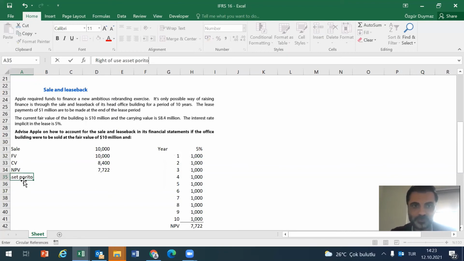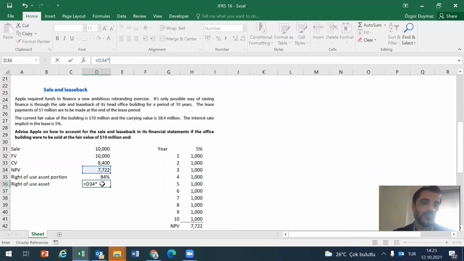Asset portion, which is carrying value divided by fair value, 84%, and right of use asset would be net present value multiplied by the right of use asset portion, or carrying value divided by fair value.